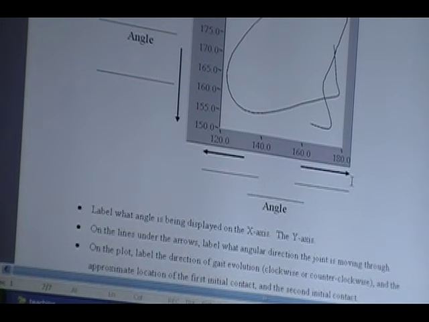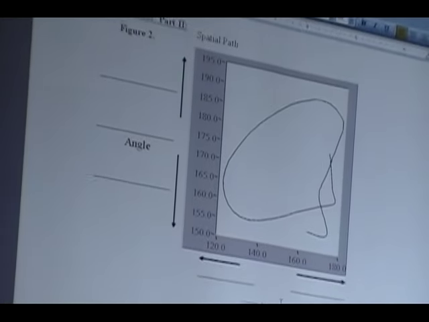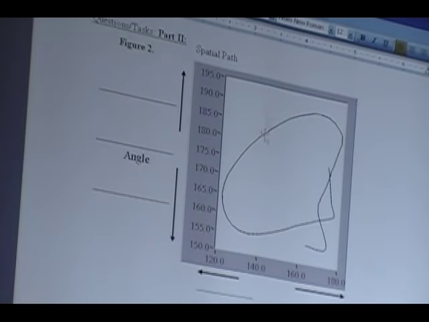First of all, based on range of motion, 120 to 180 versus 150 to 190, you should figure out whether this is ankle or knee. I'm not going to tell you the answer for this one, but I need you to take a look. Compare this graph to your page number 3.